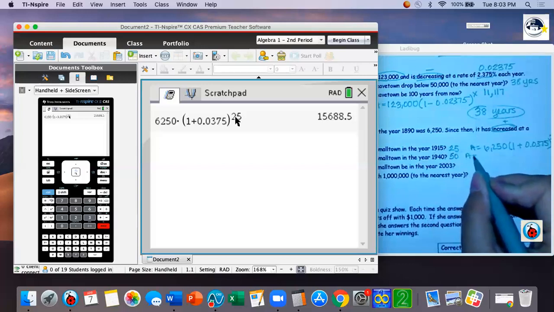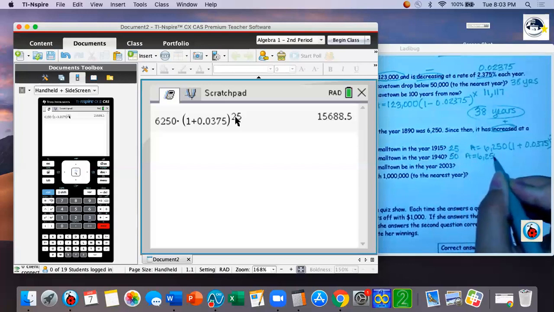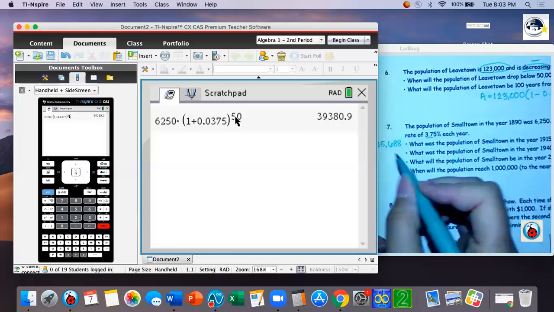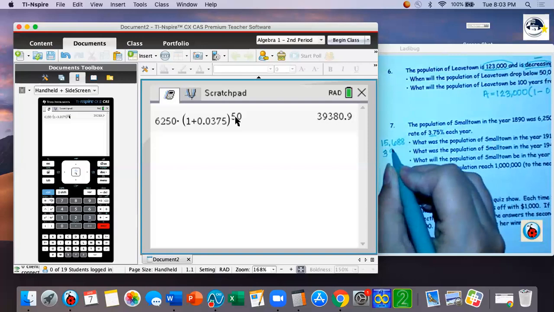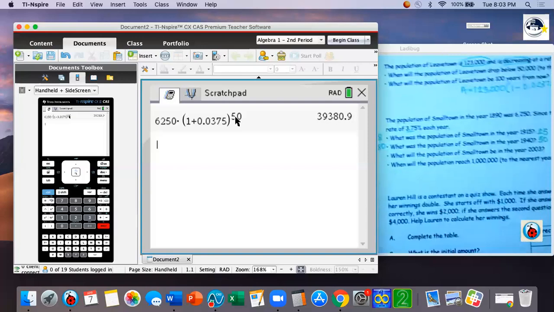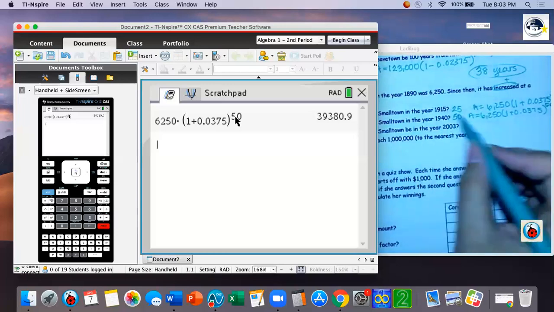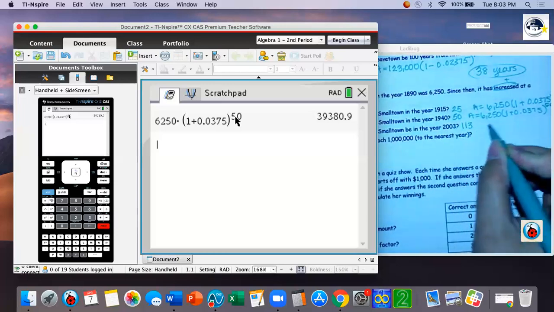So I'm going to do my equation again, 6,250 times 1 plus 0.0375, but this time to the power of 50. I'm going to do Control Z, and I'm just going to change this number here to 50. I get, again, I'm going to write it over here off to the side, 39,380 people. And then for 2003, here I would be dealing with 113 years.